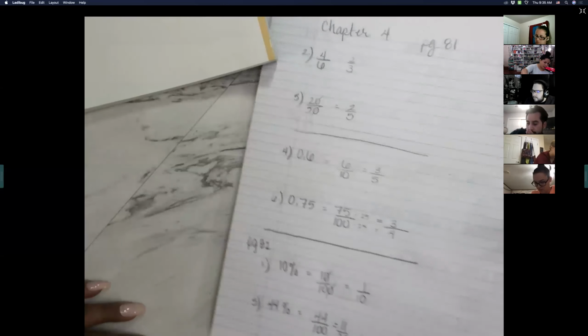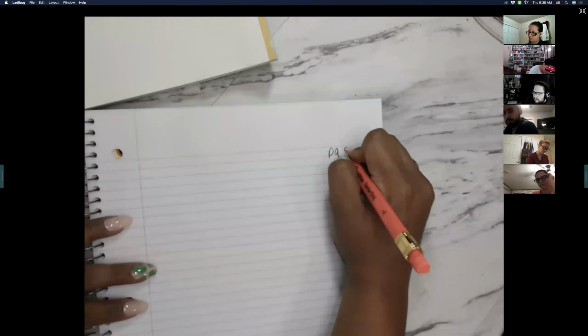The last section, we're still on page 82. Let's do number 1. This section is asking us to change the following ratios to fractions reduced to the lowest terms.